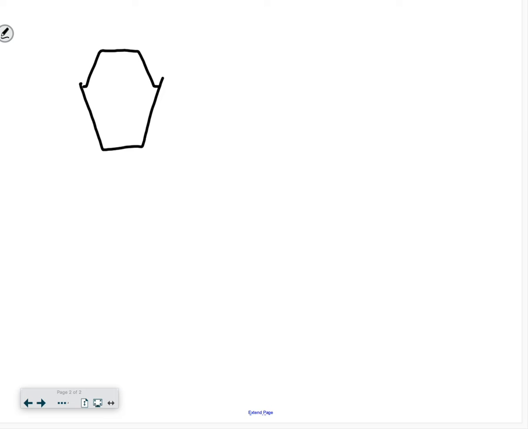You have your styrofoam cup, and you're going to put your acid in here. This is your acid, that's going to be your HCl. You're going to have your thermometer here. You're going to measure the initial temperature of the acid and the final temperature of the acid.